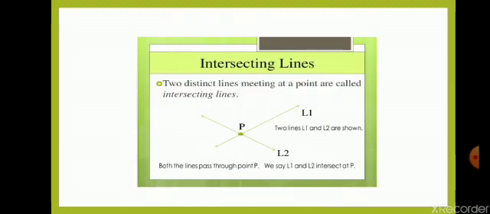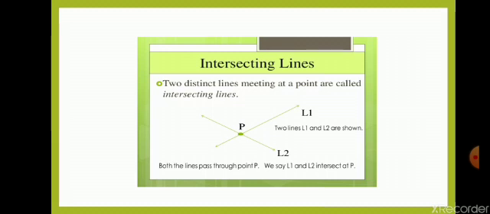Third is intersecting lines. What are intersecting lines? If two lines have one point in common, they are called intersecting lines. We also say two distinct lines meeting at a point are called intersecting lines.